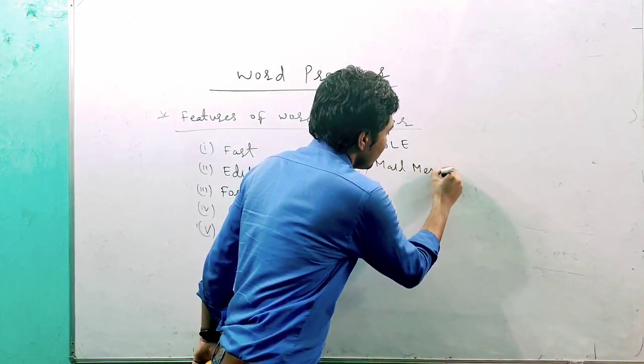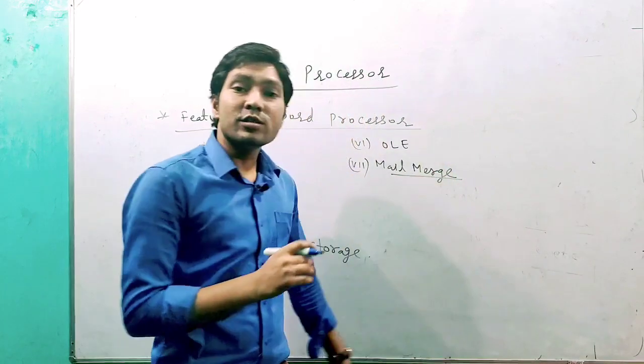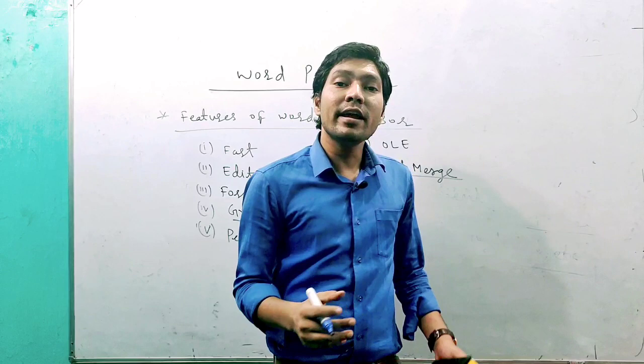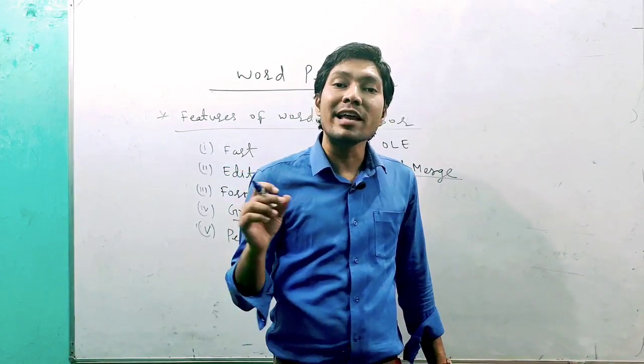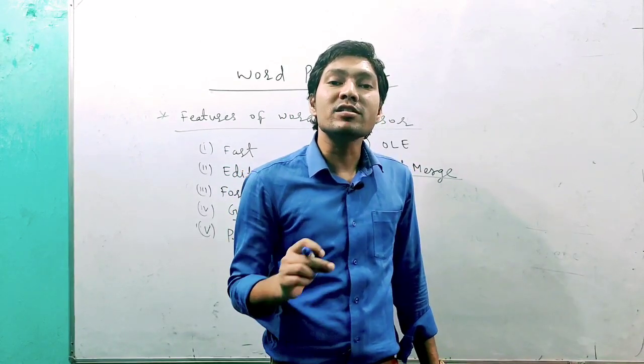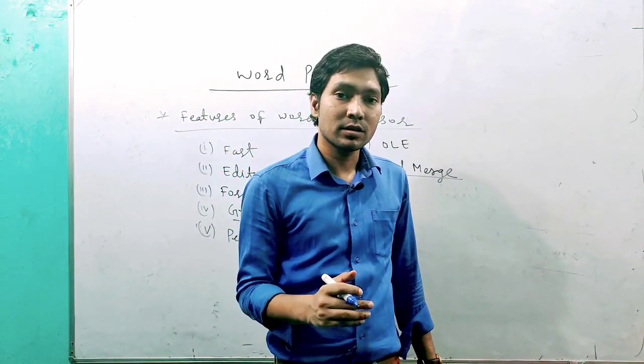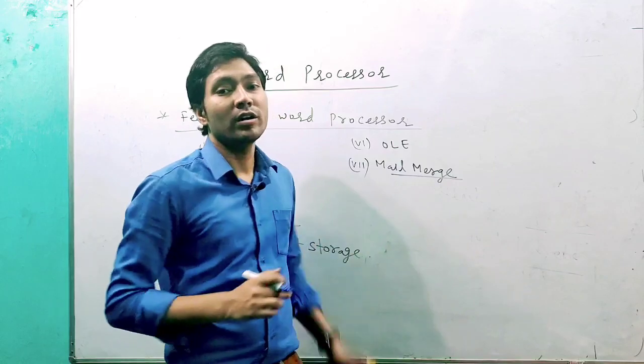The mail merge feature of a word processor allows you to create multiple copies of the same document, which can be sent to different recipients or different addresses. That is mail merge.